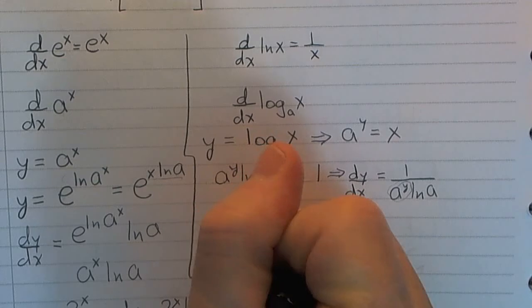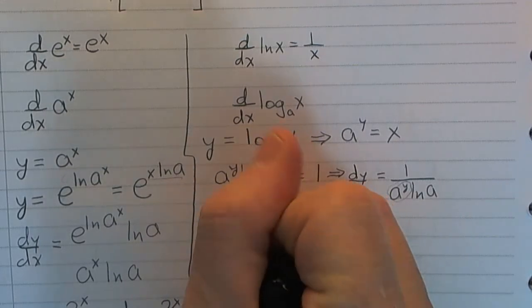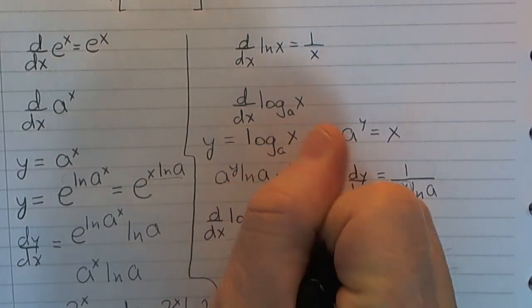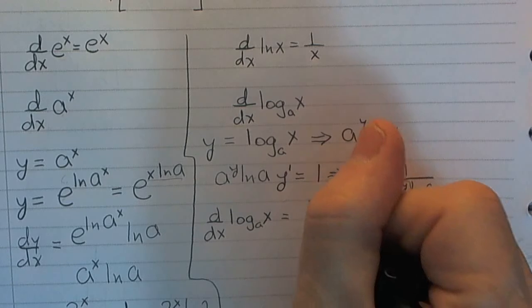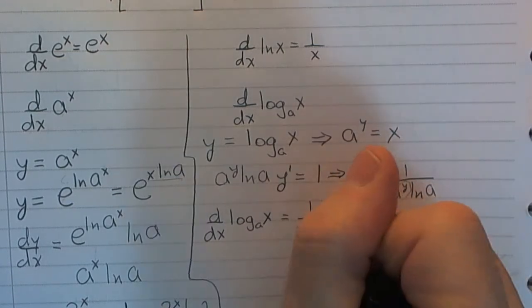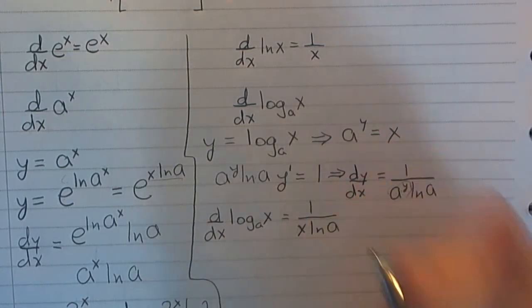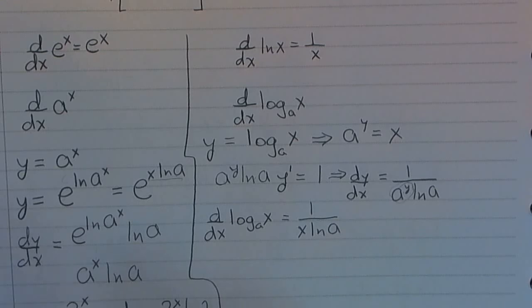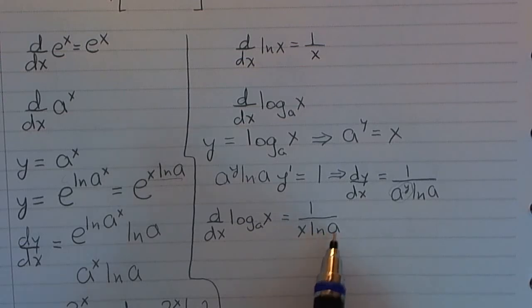The derivative of log base a of x is equal to 1 over x log a, like that. And notice that if you were dealing with the natural log, well, this would be log of e, and you would just get 1 over x.